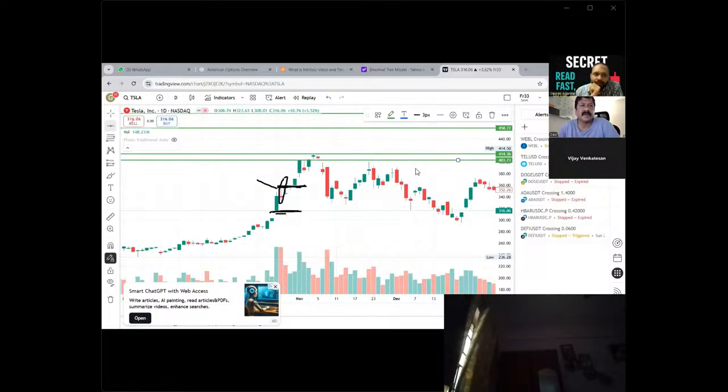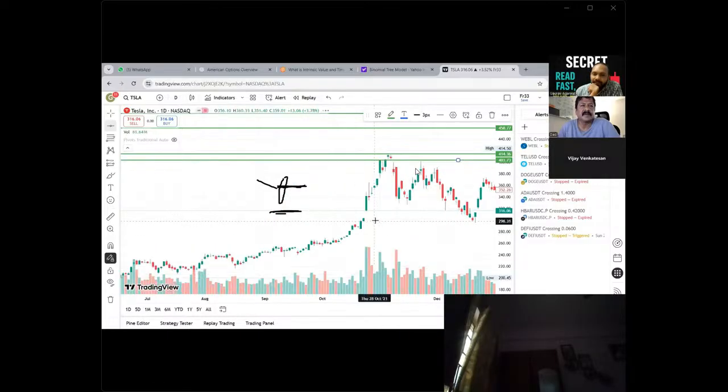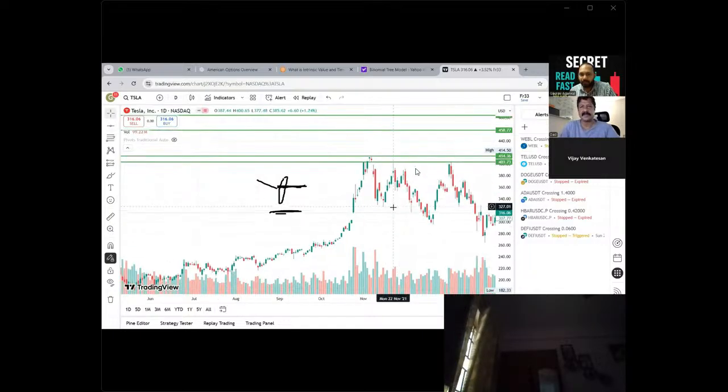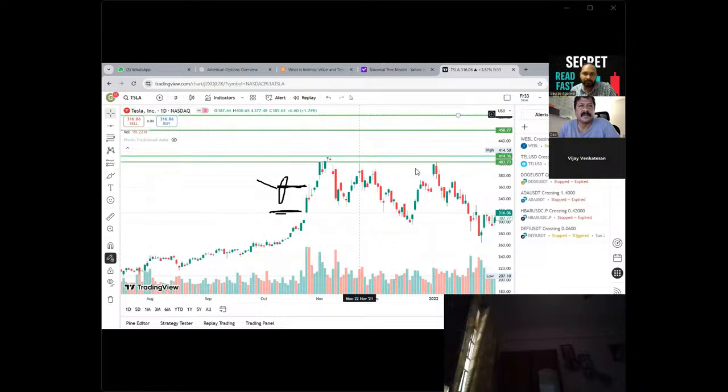Sometimes the previous swing high and previous swing low will be clearly visible, and sometimes they may not be visible clearly. So you have to consider any one important candle out of that. Let's say if you short here, then you have this area at the previous swing low.